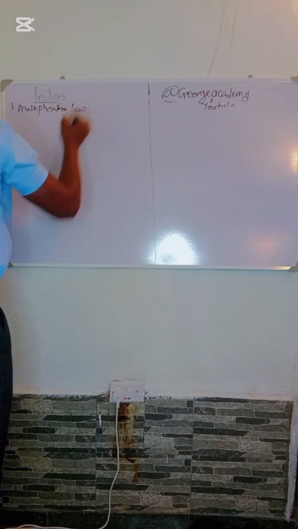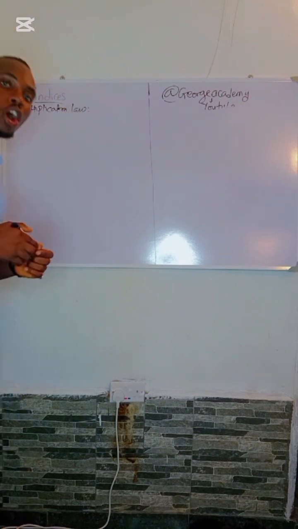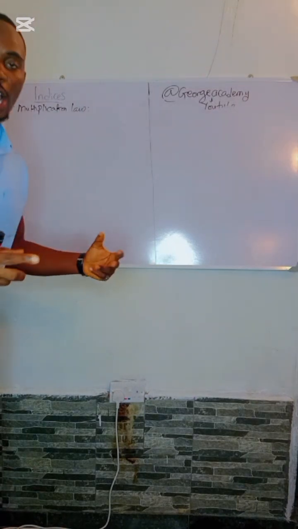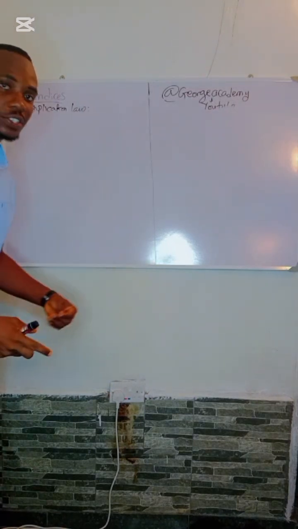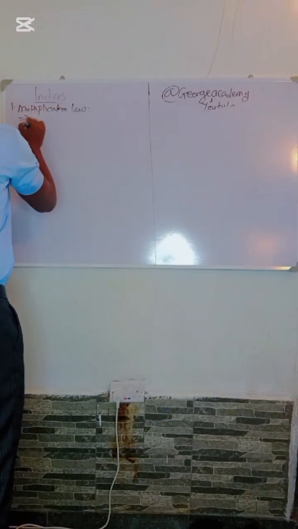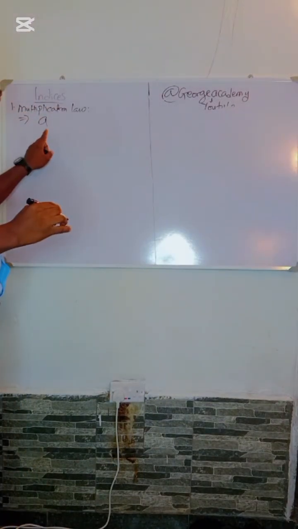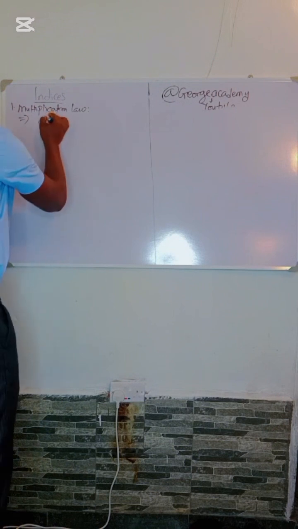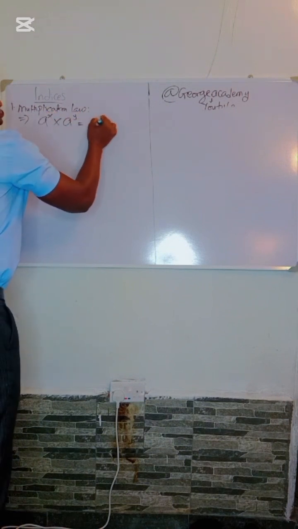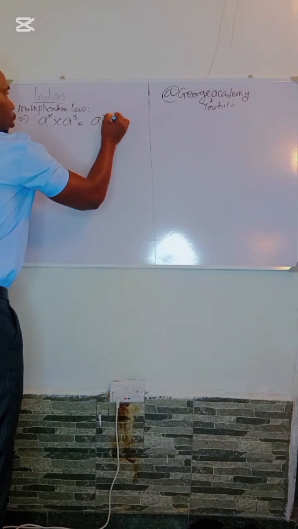The multiplication law of indices says that if you are multiplying two numbers with the same base, you add their powers. This implies that a raised to the power of x multiplied by a raised to the power of y is equal to a raised to the power of x plus y.